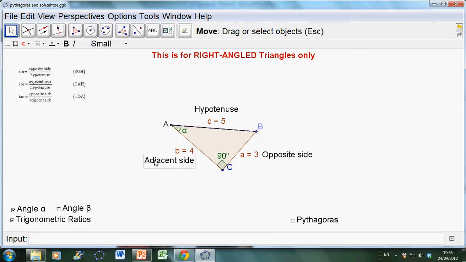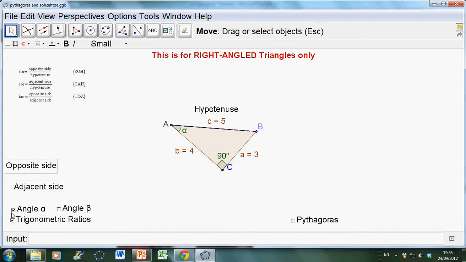So the sine of angle alpha would be the opposite 3 over hypotenuse 5. The cosine would be adjacent 4 over hypotenuse 5. The tan of alpha would be opposite 3 over adjacent 4.